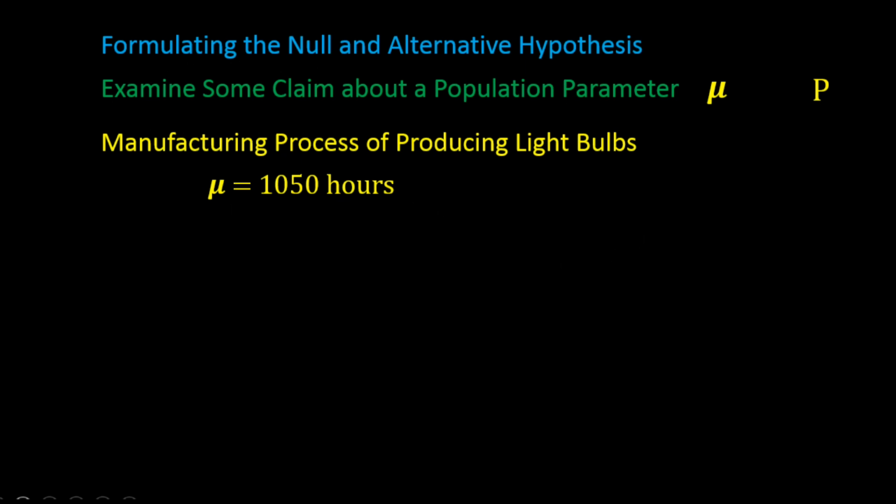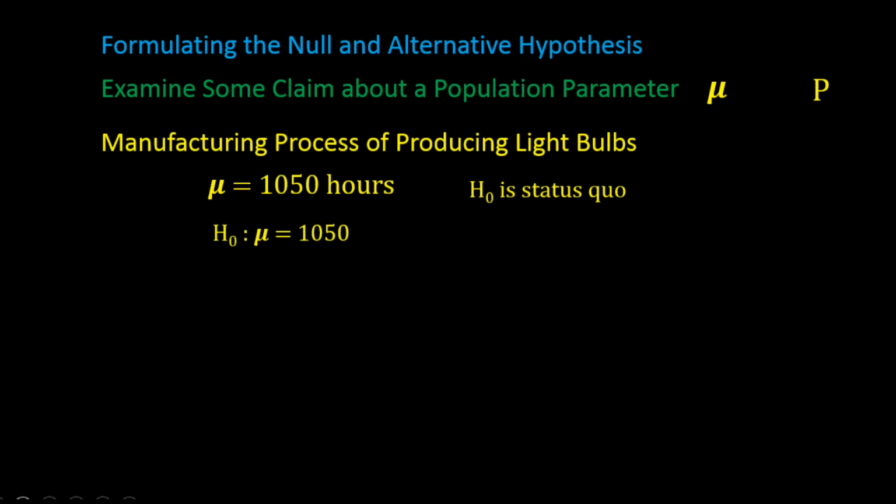In formulating hypotheses, the null is always one of the status quo, the way the process should be working. So if the manufacturing process is working properly, we should find an average burn time equal to 1050 hours. This is written as H naught colon mu is equal to 1050 hours.